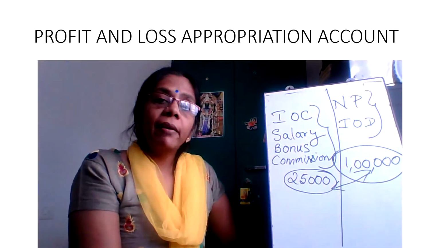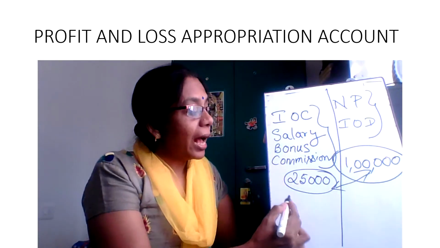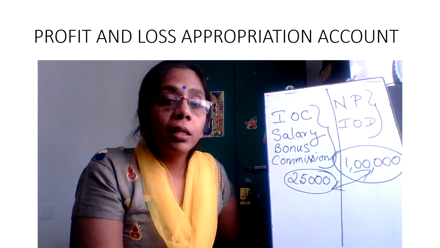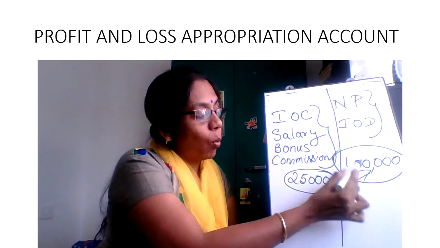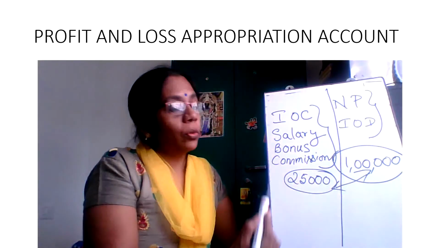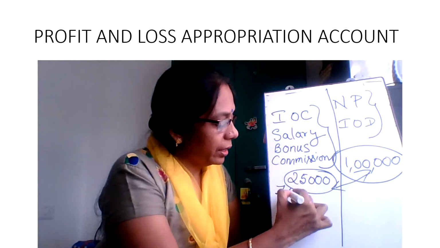So it is 75,000. This 75,000 has to be put on the shorter side of the account. So credit total is 1 lakh, debit total is 25,000. The difference money is 75,000.